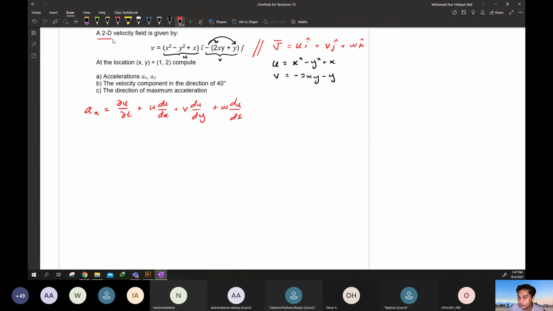Remember that this is only 2D, so the w direction is 0. So we can cancel out this term.